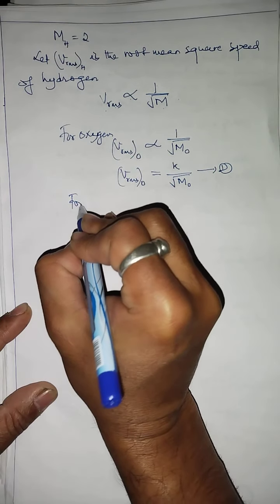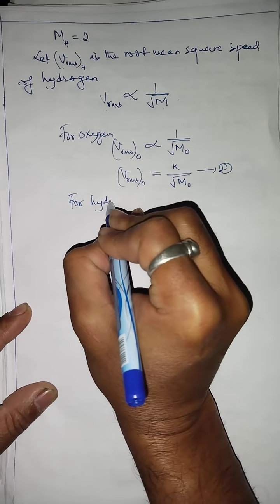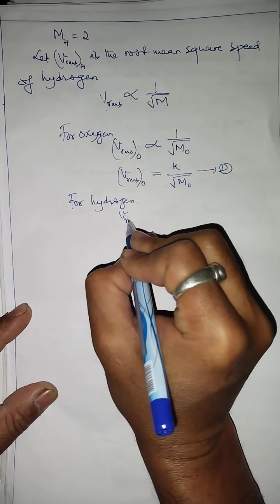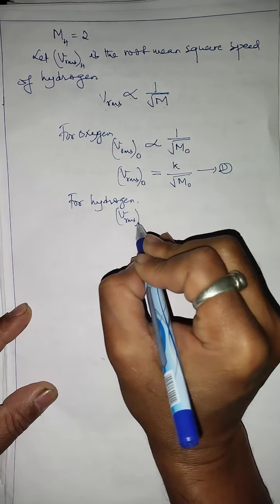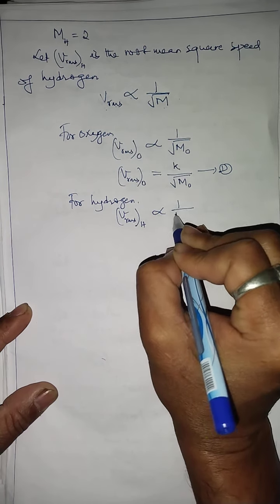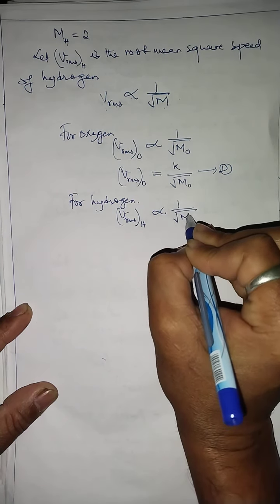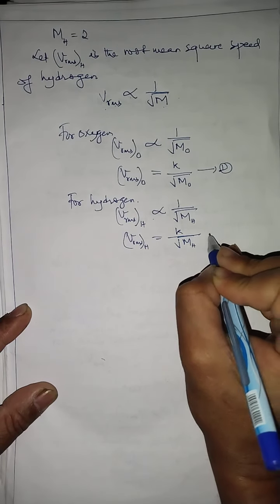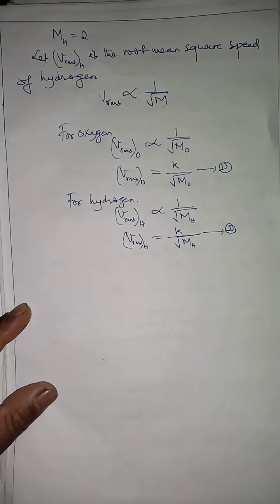Similarly for hydrogen, VRMS H is proportional to 1 by square root of MH, and removing the proportionality sign, I put the same constant K: VRMS hydrogen equals K by square root of the molecular weight of hydrogen. This is equation number 2.